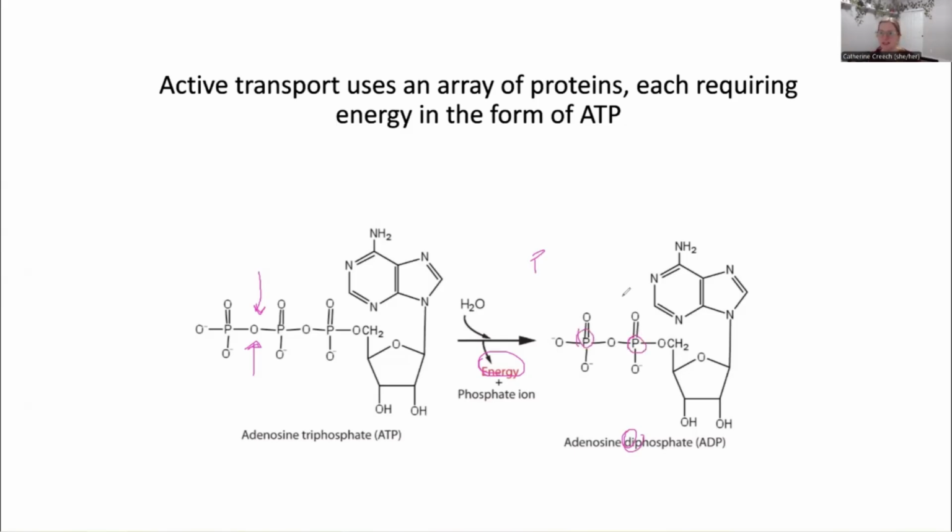So now there's only 2 phosphates. But the really amazing thing is this is reversible, right? So I can take the energy out and then I can put the energy back in by reattaching this phosphate. So the conversion from adenosine diphosphate to adenosine triphosphate is continual. We're storing energy and then releasing it and storing it and releasing it. We have a special type of name for how that happens and what it looks like.